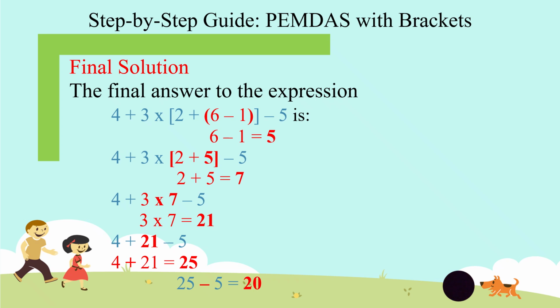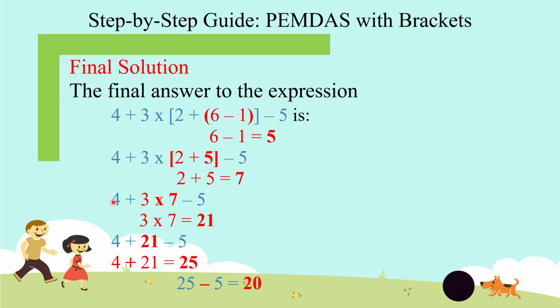Final solution. The final answer to the expression 4 plus 3 times [2 plus (6 minus 1)] minus 5 is 20. Parentheses first, 6 minus 1 equals 5. Updated expression reads as 4 plus 3 times [2 plus 5] minus 5. Brackets next. 2 plus 5 equals 7.